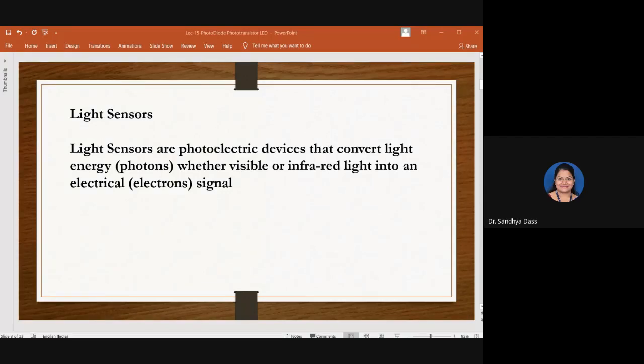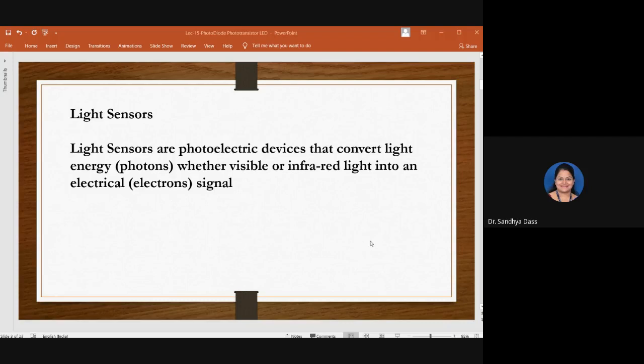So light sensors generate an output signal indicating the intensity of light by measuring the radiant energy that exists in a very narrow range of frequencies, basically called light, and whose frequency range from say infrared to visible or up to ultraviolet light spectrum. So actually these are the passive devices that convert light energy, as I mentioned, whether it is visible or infrared parts of the spectrum, into an electrical signal output.